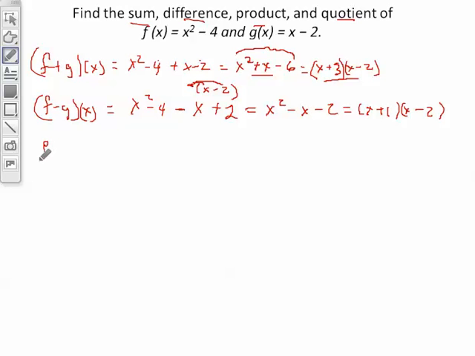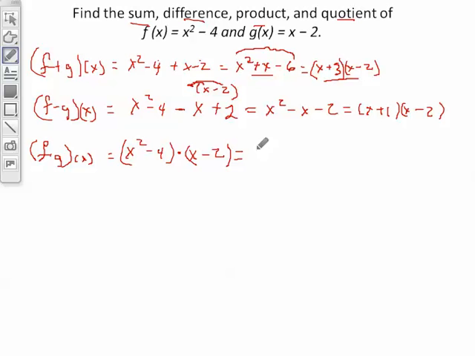If I say the f of g, and I'm just multiplying those together, of x is equal to x squared minus 4, parenthesis, times x minus 2. Well, this first one is what's called a difference of squares, and it's one of those things that you start to recognize after a while.